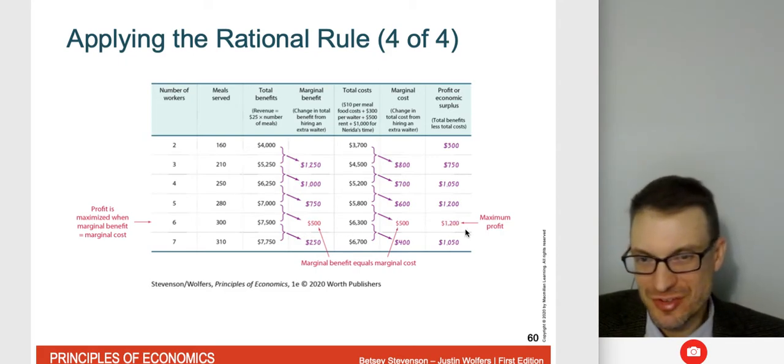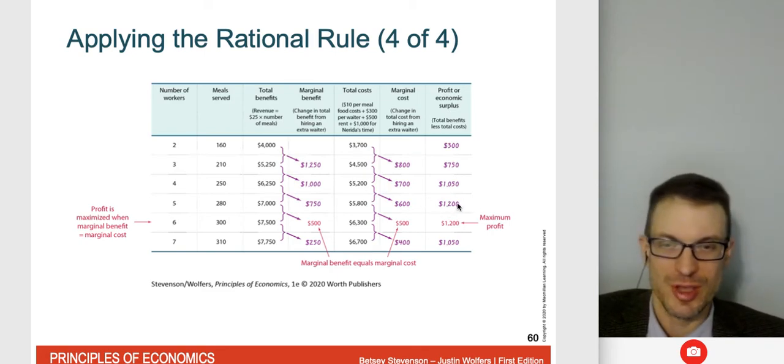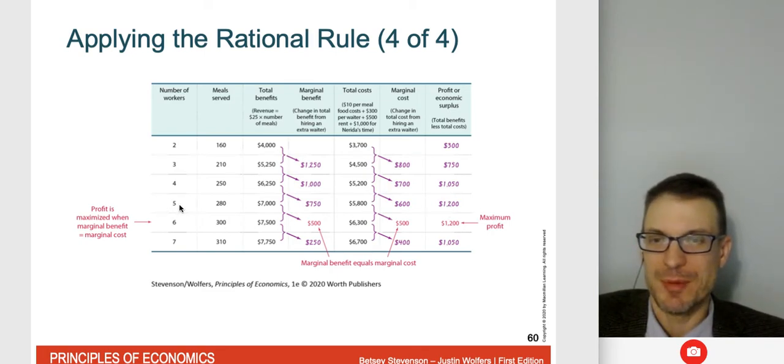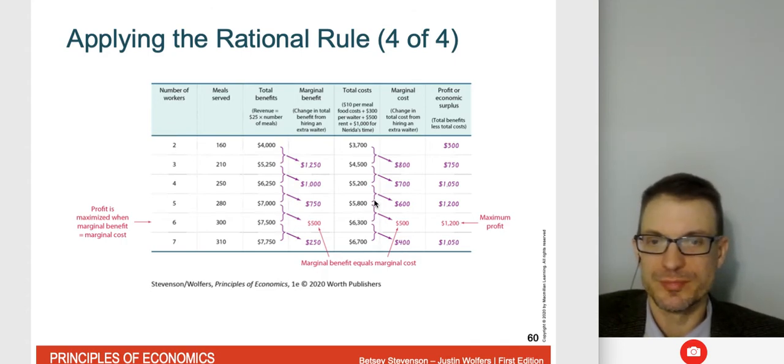Even though this is showing up as 1,200 at 5 workers, we wouldn't stop at 5 workers by virtue of applying the rational rule. We want to hire the 6th worker because we want to go up to the point where the marginal benefit exactly equals the marginal cost. And so profit is maximized where marginal benefit equals marginal cost. That's the point of the rational rule.